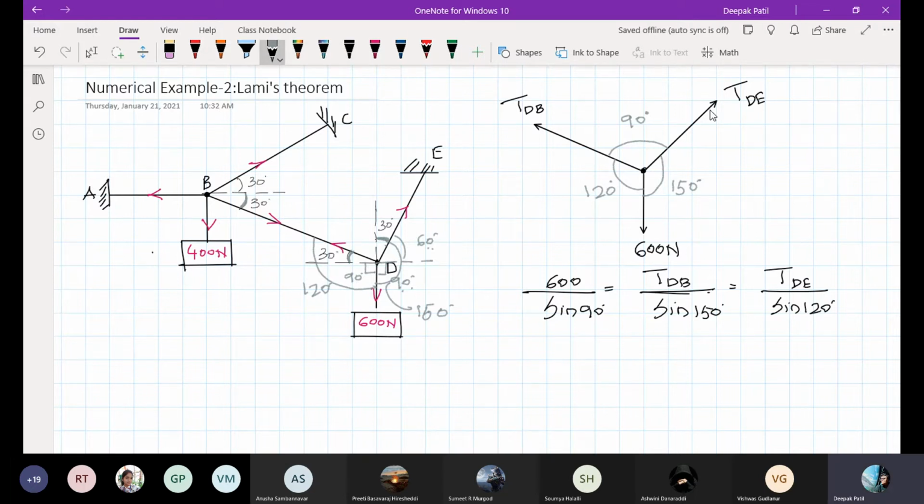Then you can take only these two and cross multiply, and you get the value of TDB, which is equal to 600 times sine of 150 divided by sine of 90, which comes out to be 300 newtons.